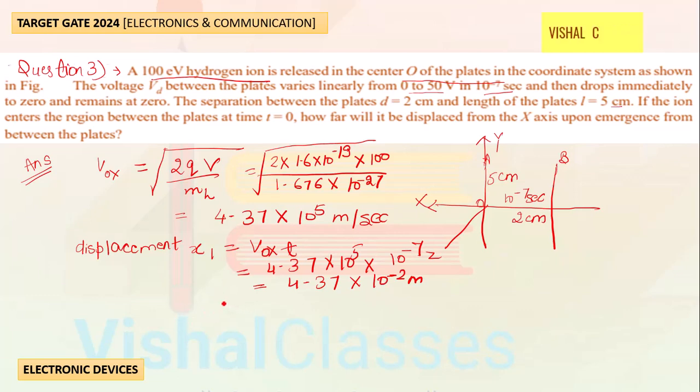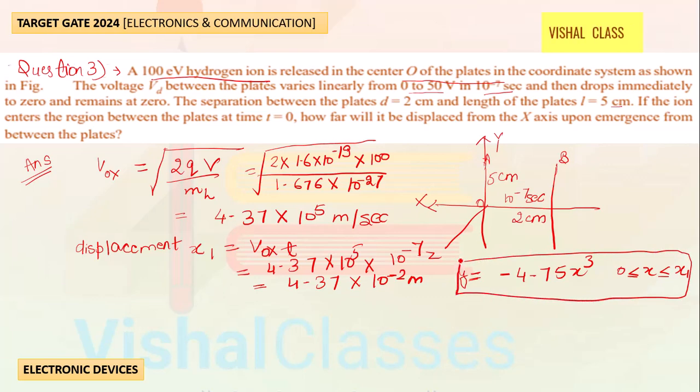Now one more thing you have to remember, the y value. The y value is given as minus 4.75. This is a standard result, given in one of the popular books.